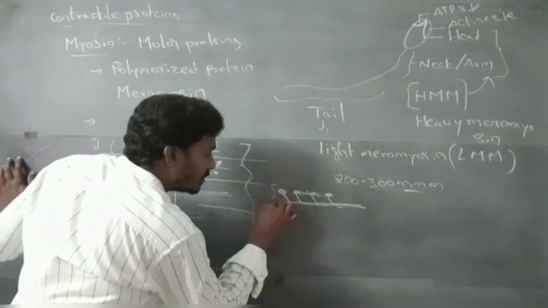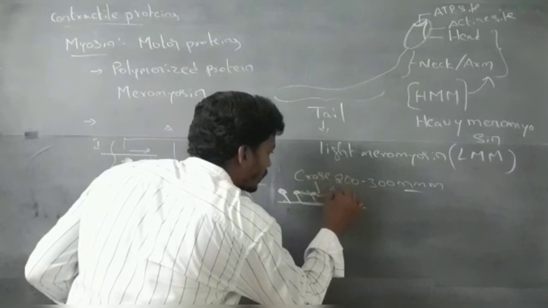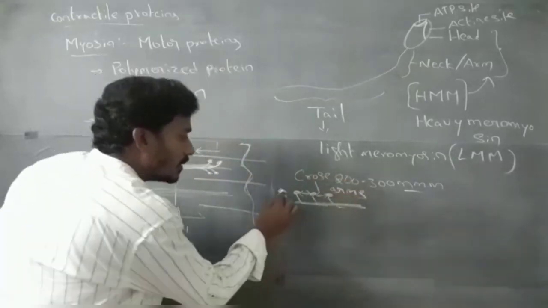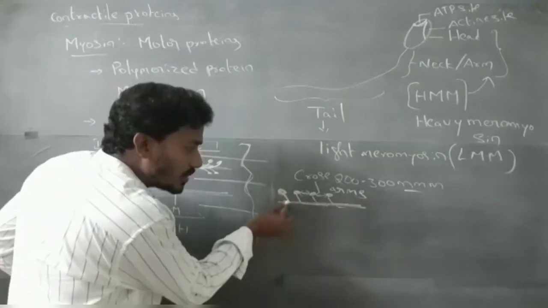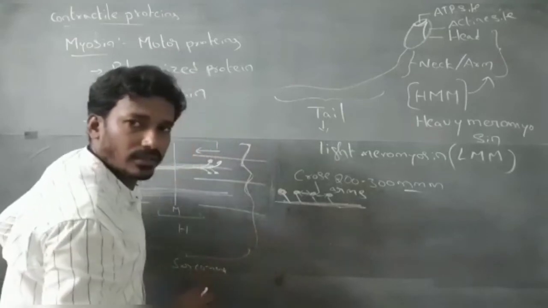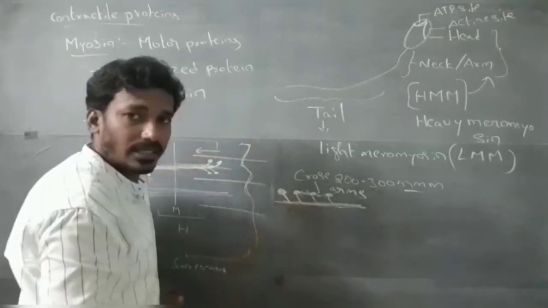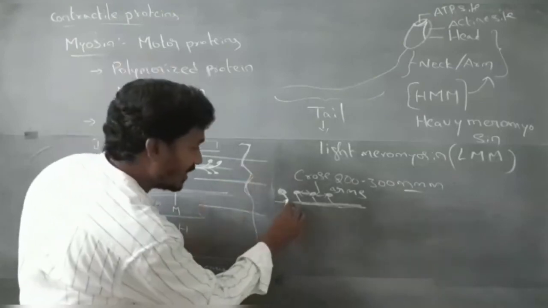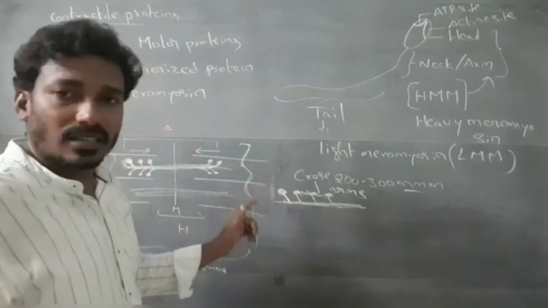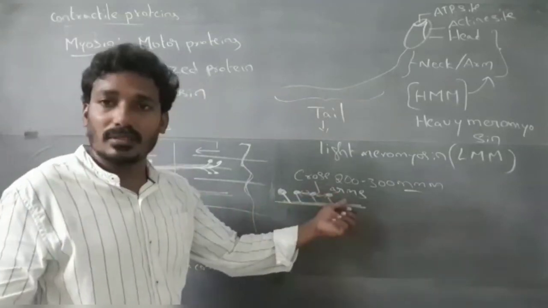These are called cross arms. The myosin heads project outward from the surface of the myosin, arranged at regular distance and maintaining angle; the head and neck are called cross arms.